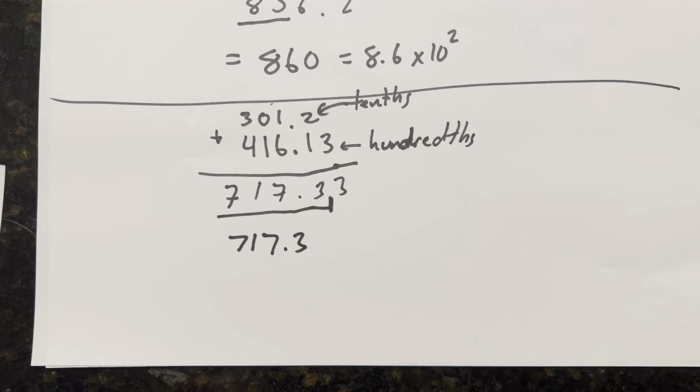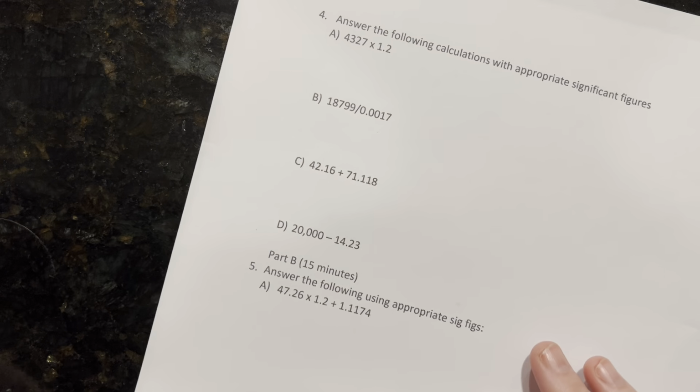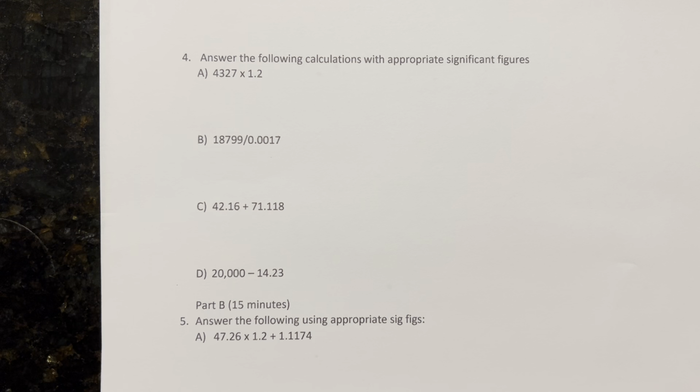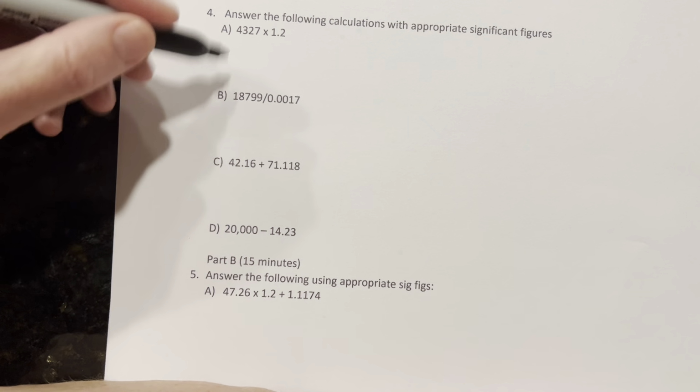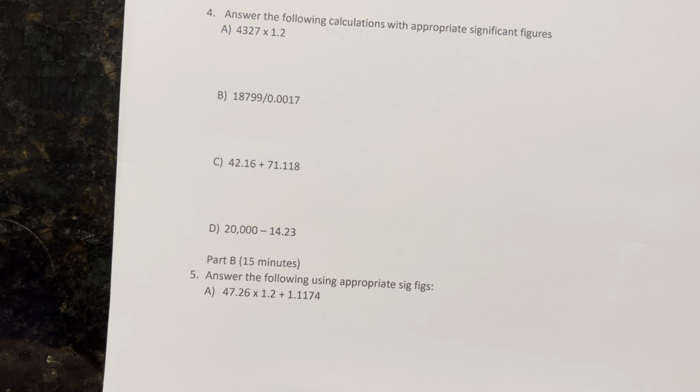All right, so hopefully that gives us enough information now to do these. If you haven't already fast forwarded the video and you're doing them, I hope it'd be great. Okay. So we already did these two. Let's move on to this one. So we have 42.16 plus 71.118.